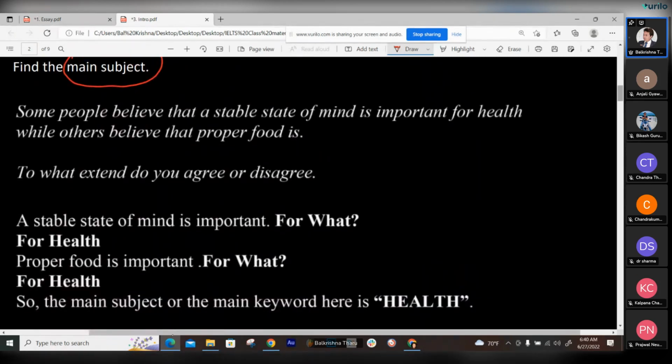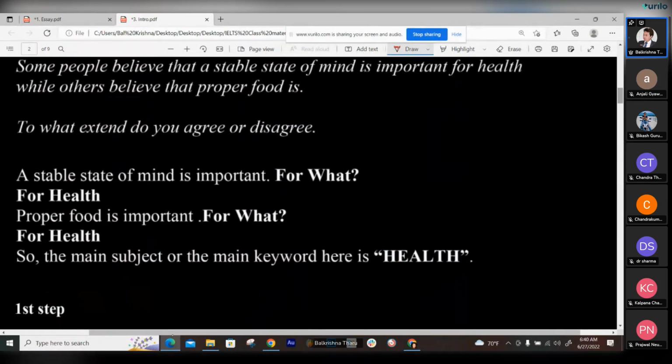To what extent do you agree or disagree? Now, a stable state of mind is important. For what? For health.